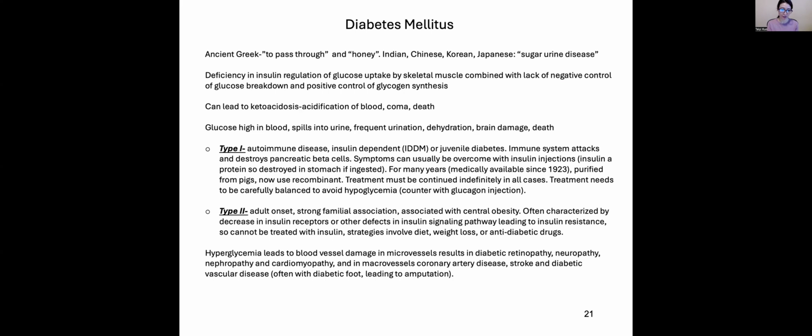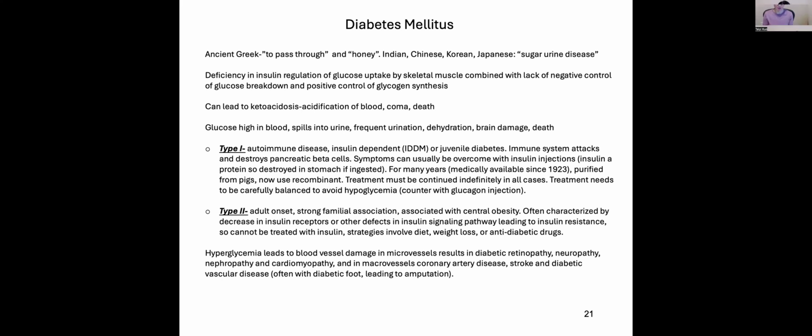And we have type 1, which is the autoimmune disease. It is insulin dependent, meaning if one has type 1 diabetes, one will most likely need insulin injection. And the cause of type 1 is conventionally and traditionally thought to be the immune system attack, which leads to the destruction of the pancreatic beta cells in one's body.